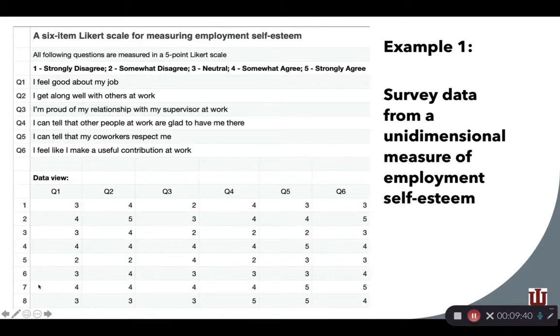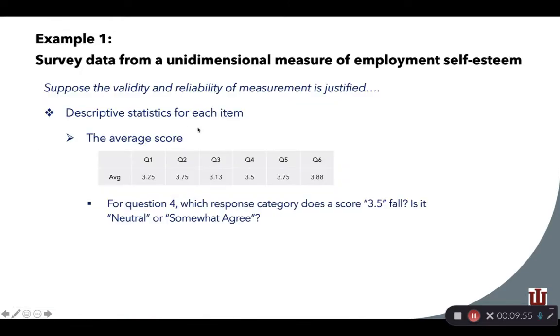And this is a view of the data, fake data of course, so we can see for each of the questions, our 8 participants give their response, what level of their agreement to these 6 questions. And from this example, how should we report descriptive statistics for each item, meaning for each question? Very commonly we see researchers report the average score, meaning for each item throughout all your participants, you can compute an average score.